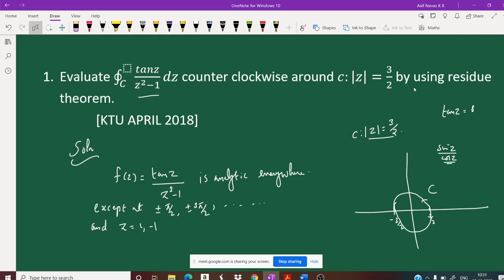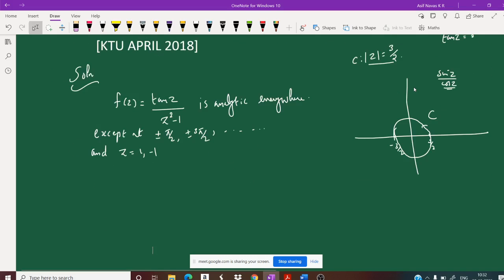Now we have to check which of the singular points are inside C. Is pi by 2 inside C? What is C? C is mod z equal to 3 by 2. So what is the value of pi by 2? Pi is 3.14 something, so pi by 2 is about 1.57.